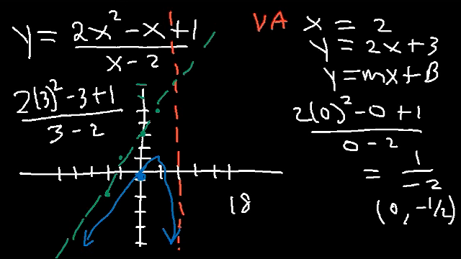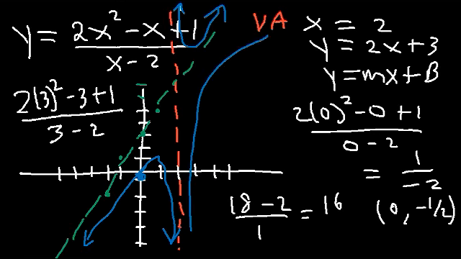Negative 3 plus 1 is negative 2. 3 minus 2 is 1. So it's 16. So we have the point (3, 16), which is probably way up here somewhere, which tells us that the graph is going to be in this section. It won't be in this section. So that's the rough sketch of our graph.